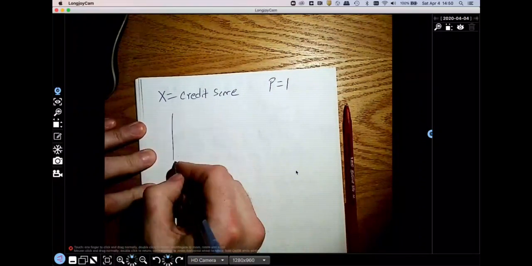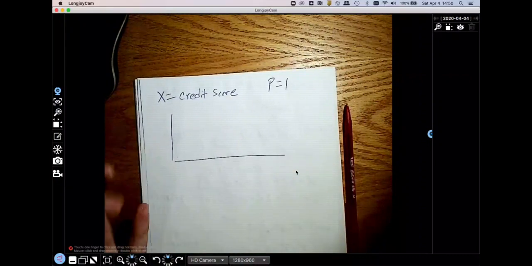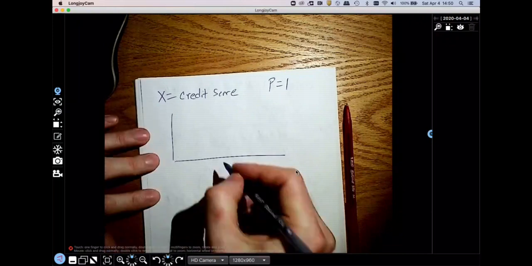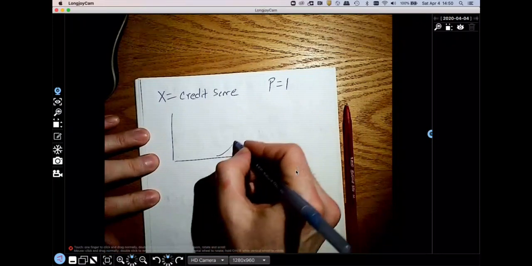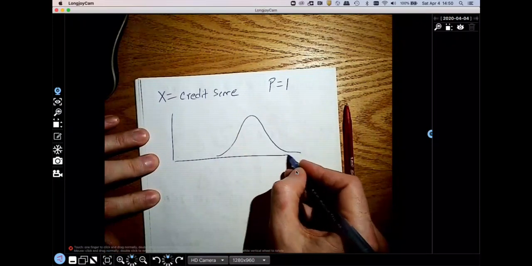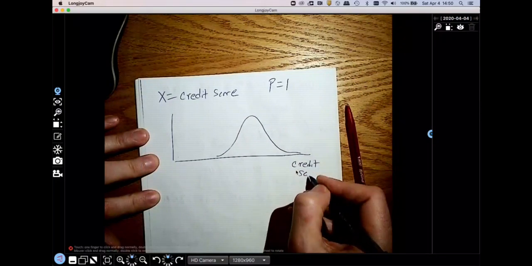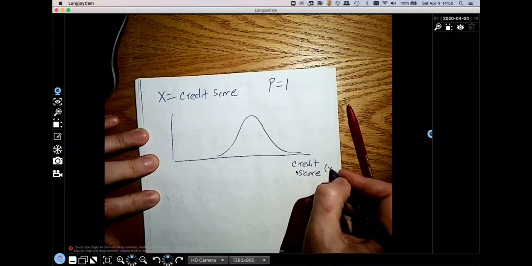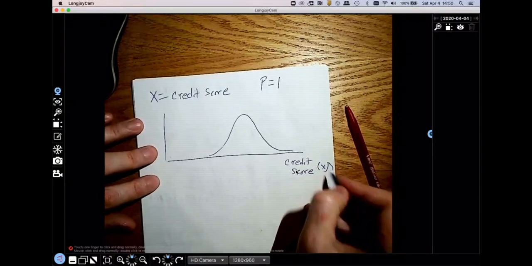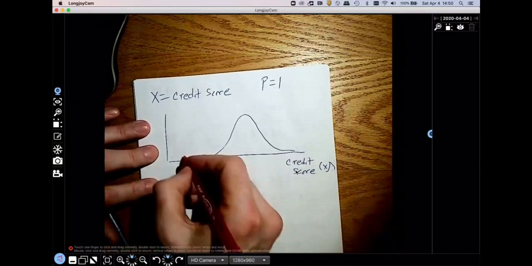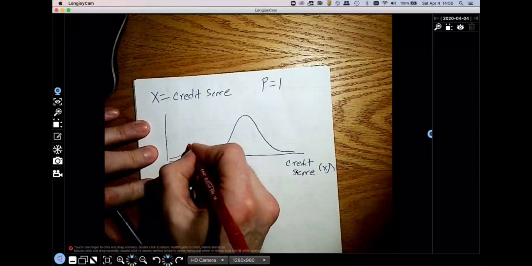And let's say that I have a population with two groups. So this is one group. This is the credit score of this group. So that's the x. And then I have another group that is sitting somewhere over here.